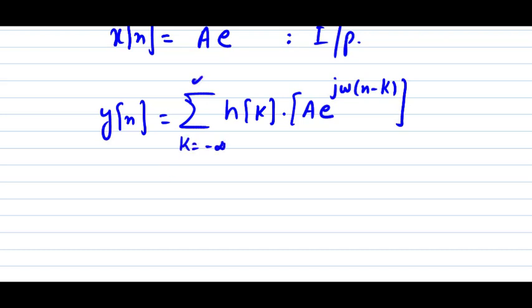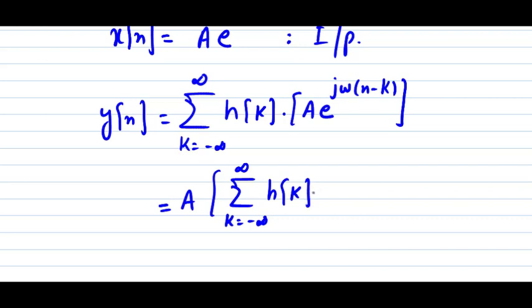If we simplify this, we get a times the summation of h of k e raised to the power minus j omega k, into e raised to the power j omega n.